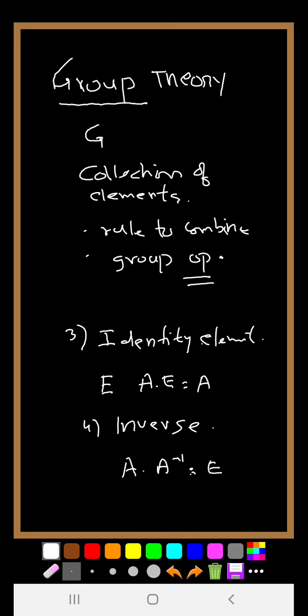So these are the four properties: closure, associative, identity, and inverse. So let me write them once again.